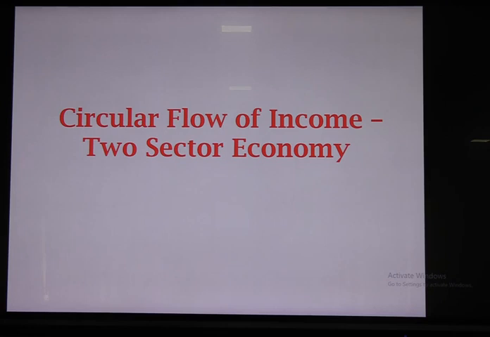They are household and the second one, business sector or the firm. As far as India is concerned, we have household, firm, government, foreign sector. We have four sectors. But here only two sectors are there.